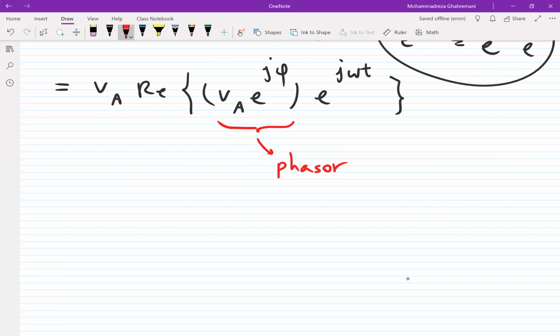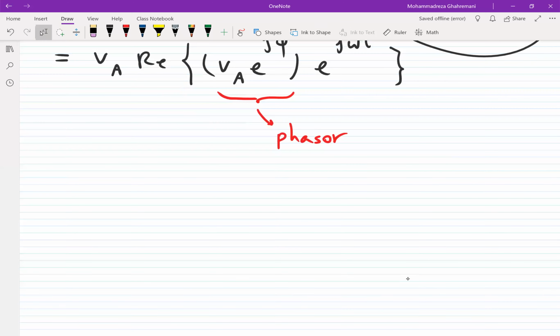If you look, you see that it represents the amplitude VA and the phase angle phi. It doesn't include the frequency. It just includes the amplitude and phase angle.